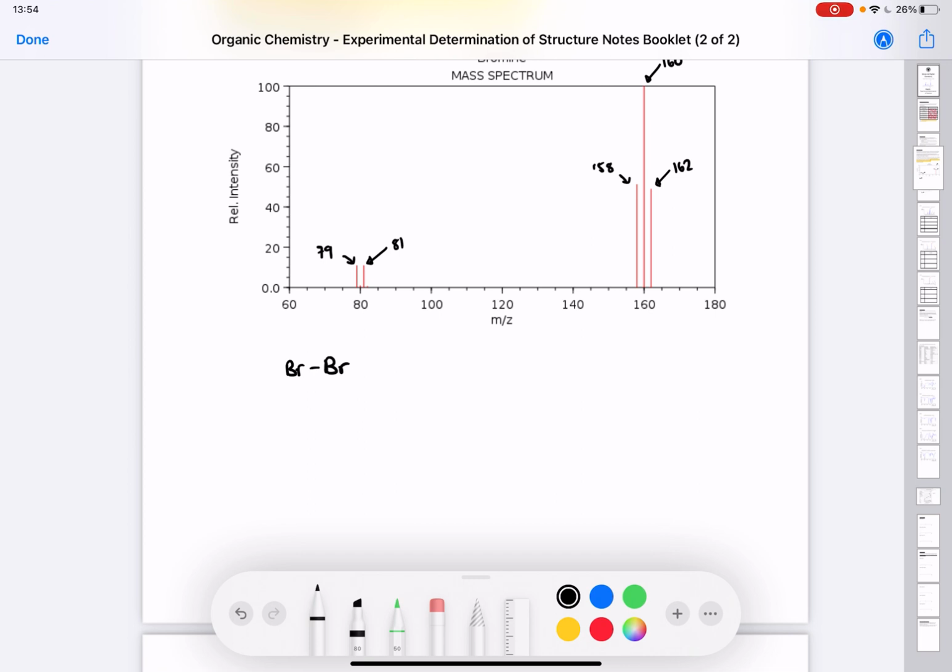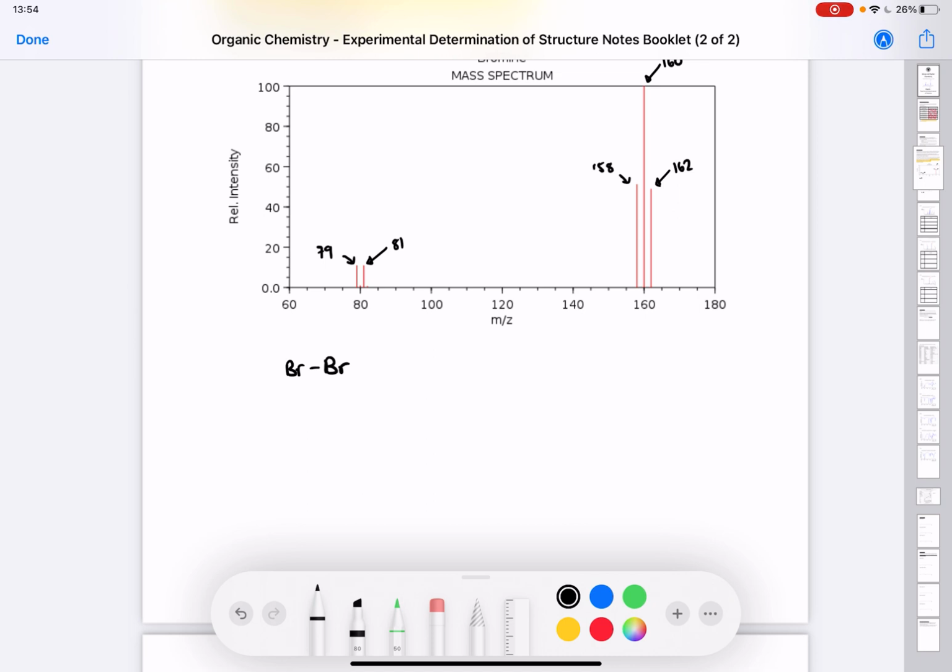Now, the issue with bromine, and we see this with certain elements, is that bromine actually exists with a fairly sizable proportion of isotopes. So you've got a sizable portion of bromine isotopes with a mass of 79 and also a sizable proportion of bromine which has a mass of 81, which is why we're getting a number of different peaks.